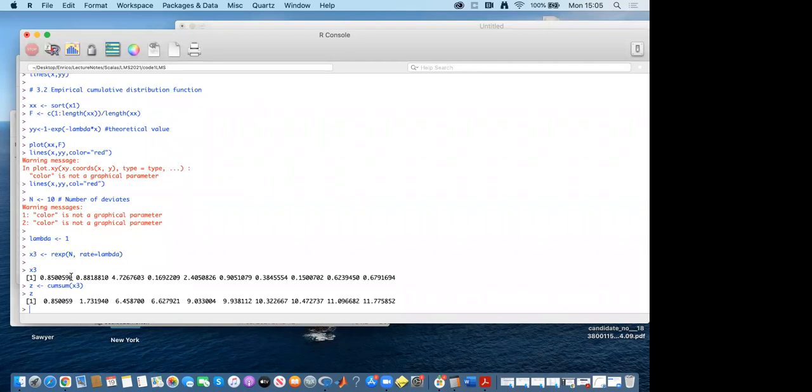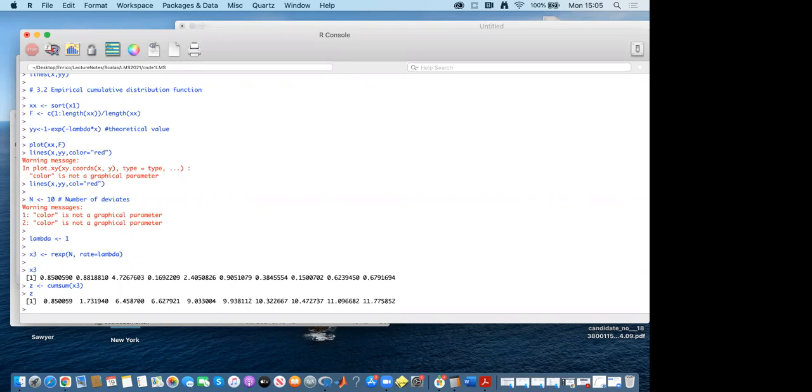You see, this is the initial value. Then I have the sum of these first two values, then these three values, etc. And this is a sum of exponential random variables, which is very nice.